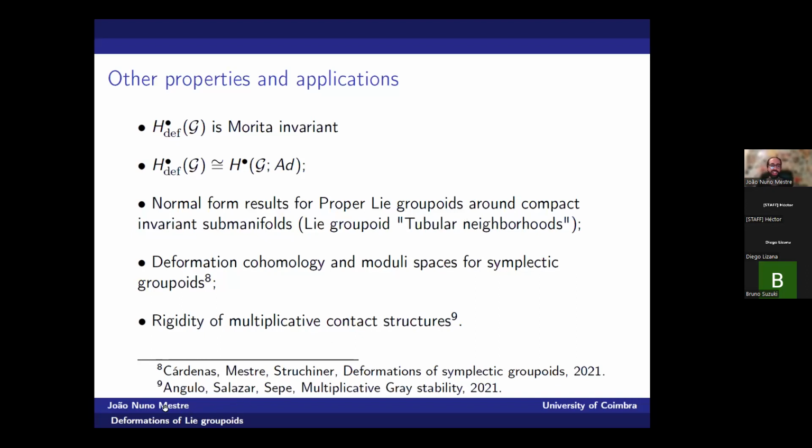This is by Camilo Angulo, Maria Amélia Salazar, and Daniele Sepe, also recently, and they prove a Gray stability theorem for these groupoids. And I know Ivan and Christian Cárdenas are also developing a paper on the deformation theory of morphisms of Lie groupoids. There are papers by Pierpaolo La Pastina and Luca Vitagliano on the deformations of vector bundles over groupoids. So it's a growing field, I would say.